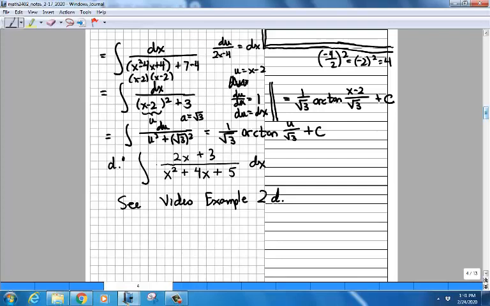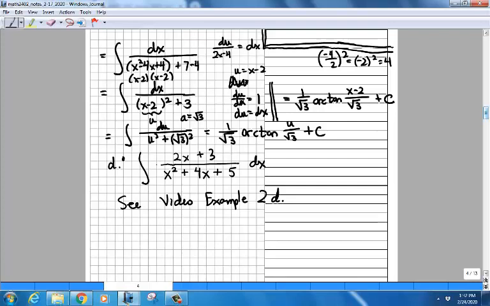So what is the derivative of x squared plus 4x plus 5? That's 2x plus 4. Now, do I have 2x plus 4 multiplied into the integrand here? No, right. But I'm really close, because I have 2x plus 3, which is really close to 2x plus 4.